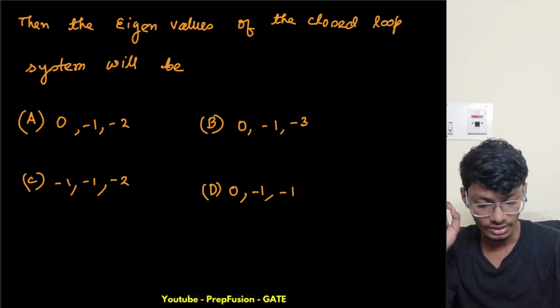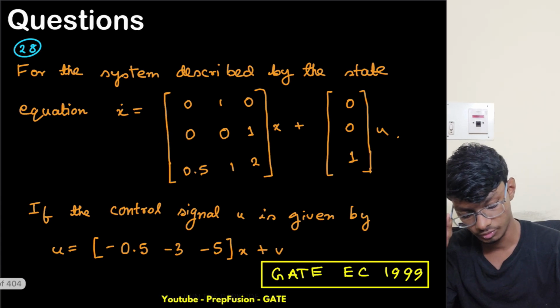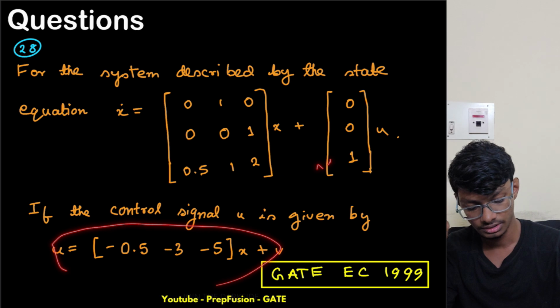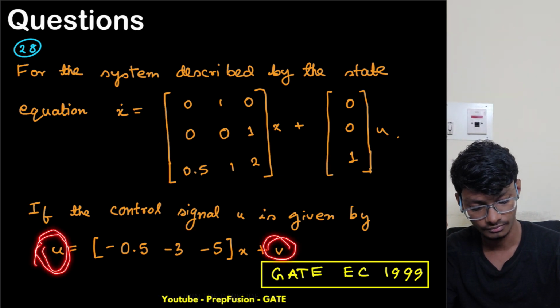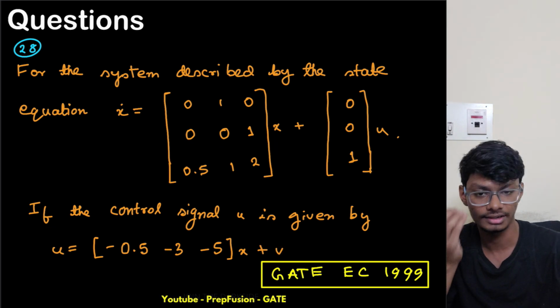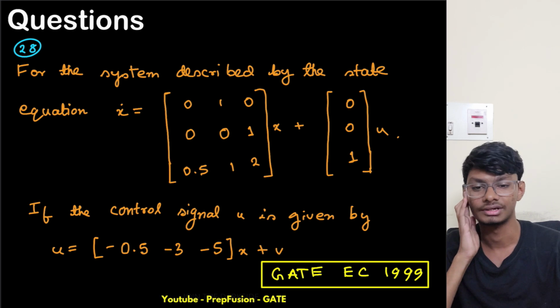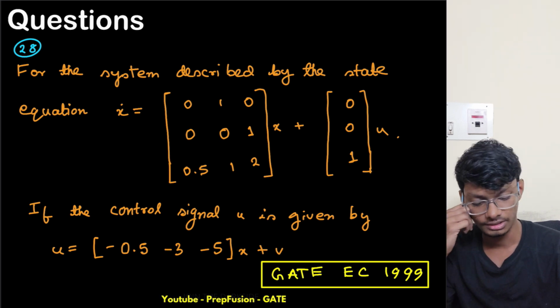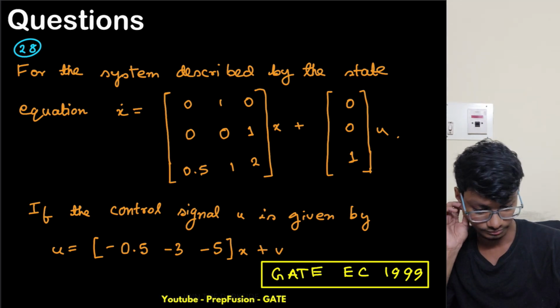We'll put this value of u here, because this is just a control signal, and v is the input. This question didn't tell us that. In old questions, generally they don't give the complete information.